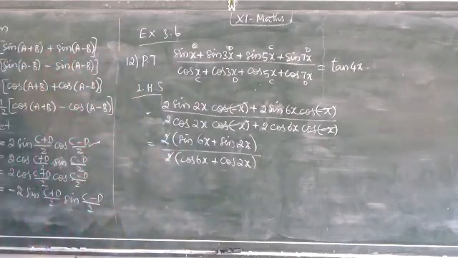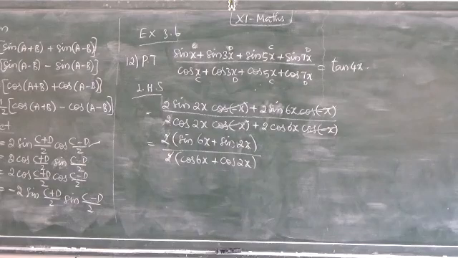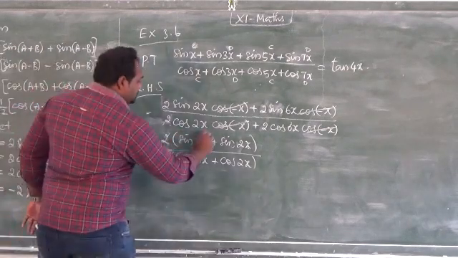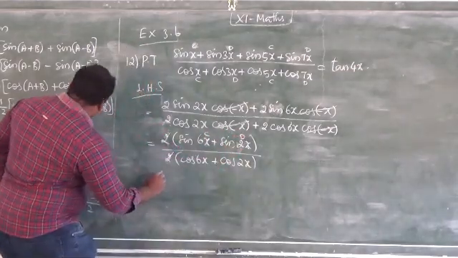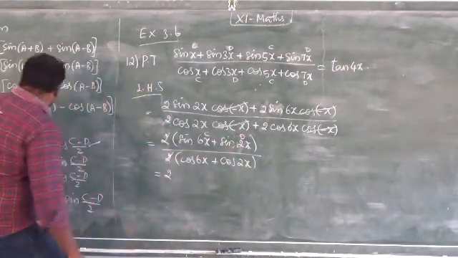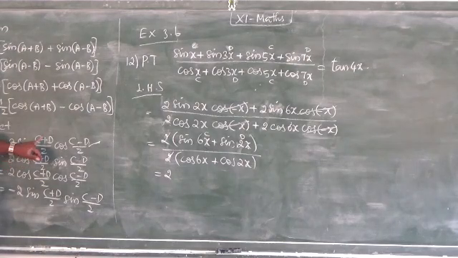Next we have a sum to product identity, sin C plus sin D. This is C, this is D. 2 into sin C plus sin D, the formula is 2 sin (C plus D) by 2 cos (C minus D) by 2.